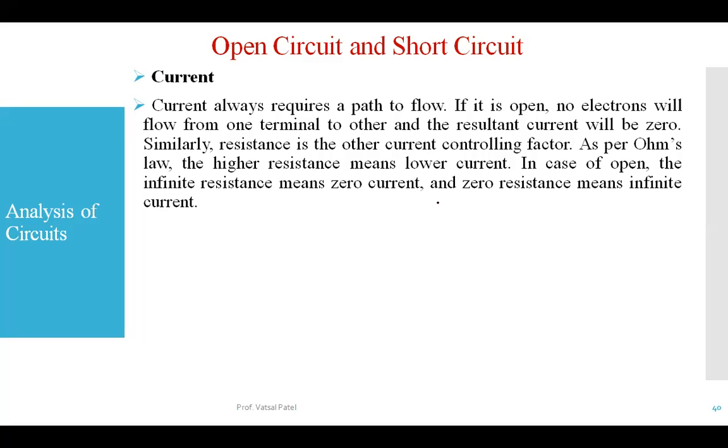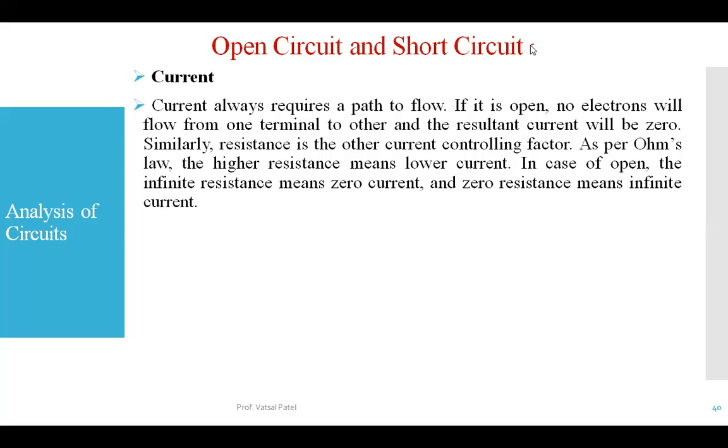Similarly, resistance is the other current controlling factor according to Ohm's law. If you have higher resistance, you have a lower current value. So in the case of an open circuit, infinite resistance means zero current. We just apply Ohm's law. And if you have zero resistance, that means you have infinite current.